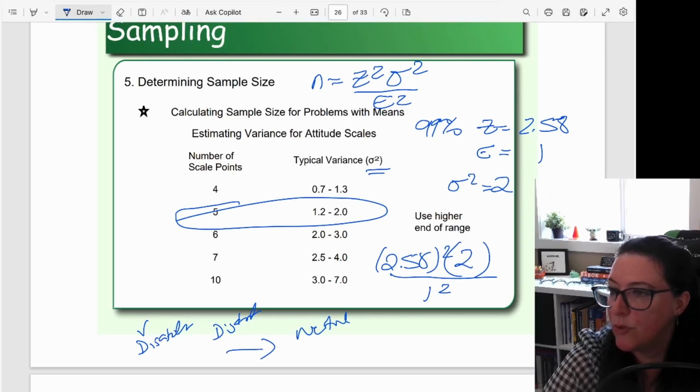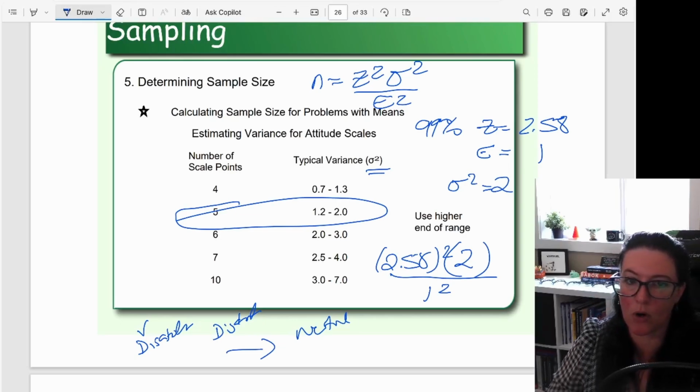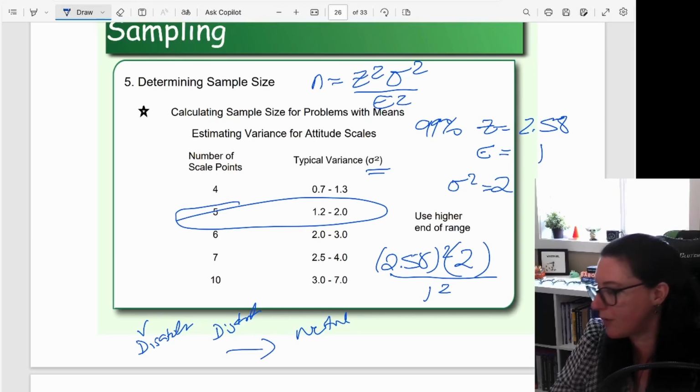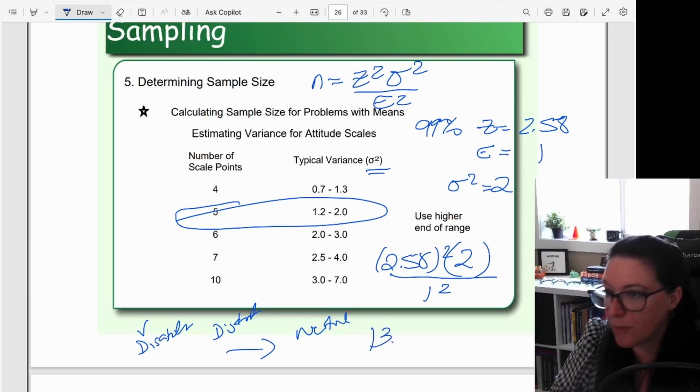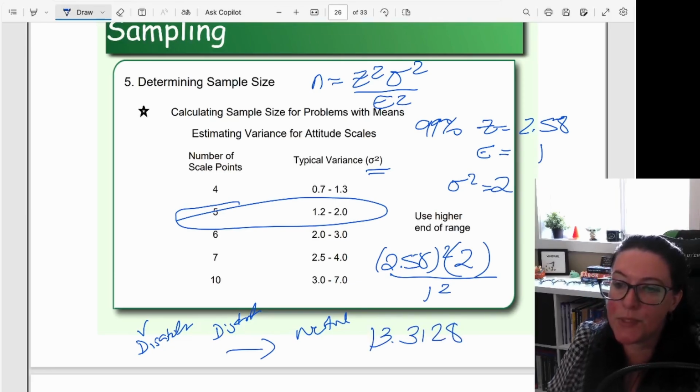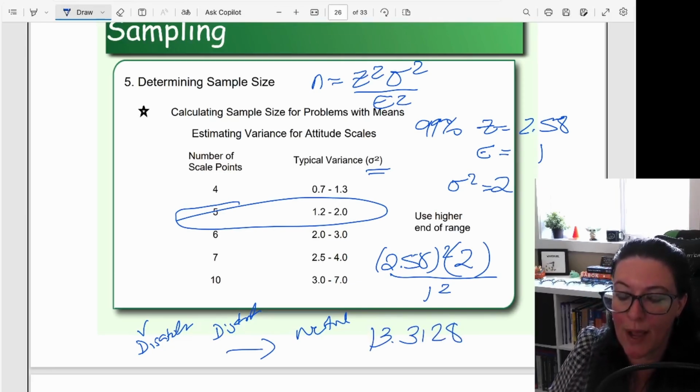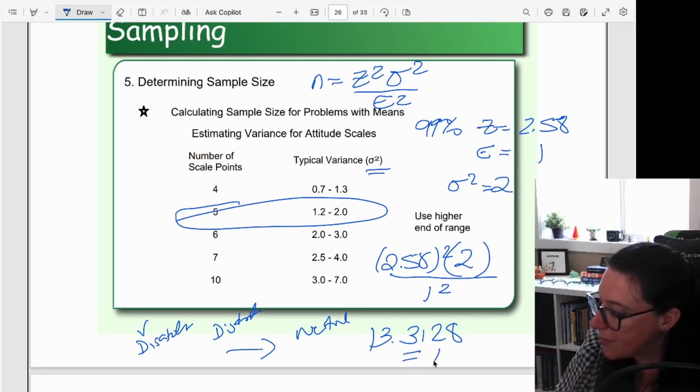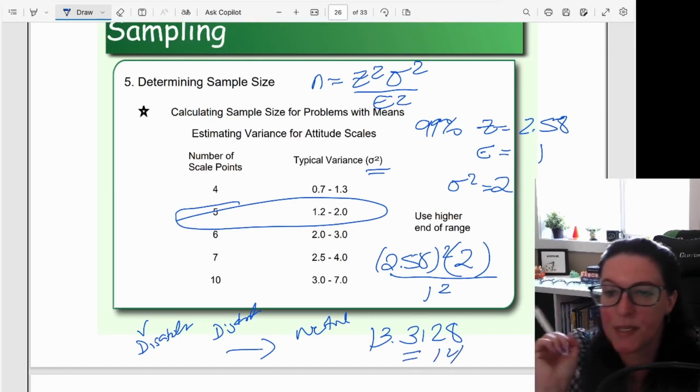And we get a very small sample size, right? It's only 13.3128. And with sample size, always round up because you don't have a third of a person. So this really is a sample size of 14.